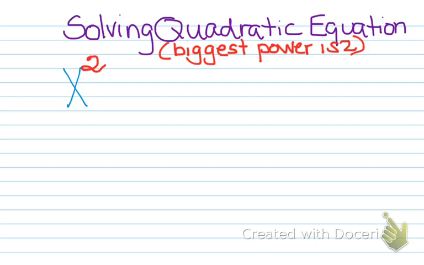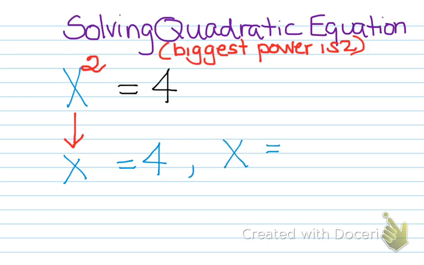Let's suppose that our quadratic, x squared, is equal to 4. To solve this problem, you copy the x, just the x, and you copy the 4. You duplicate the x equals 4 two times.